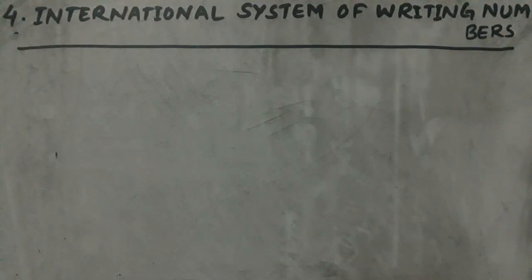So students, let's understand what the international system of writing numbers is. In the international system, each and every period is divided into three parts. Now what are the periods?